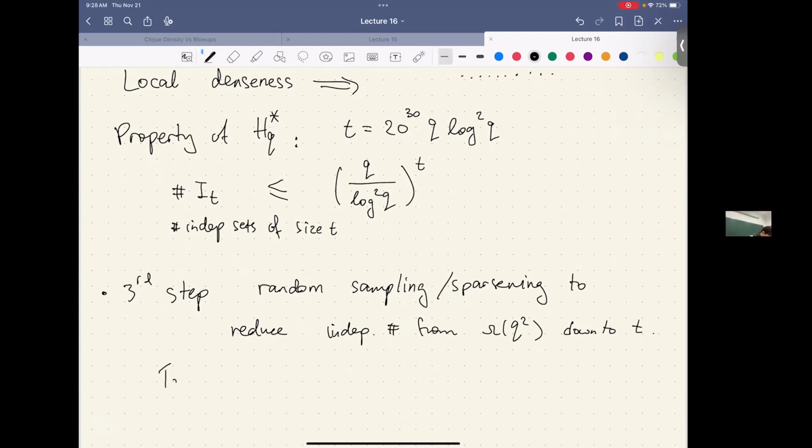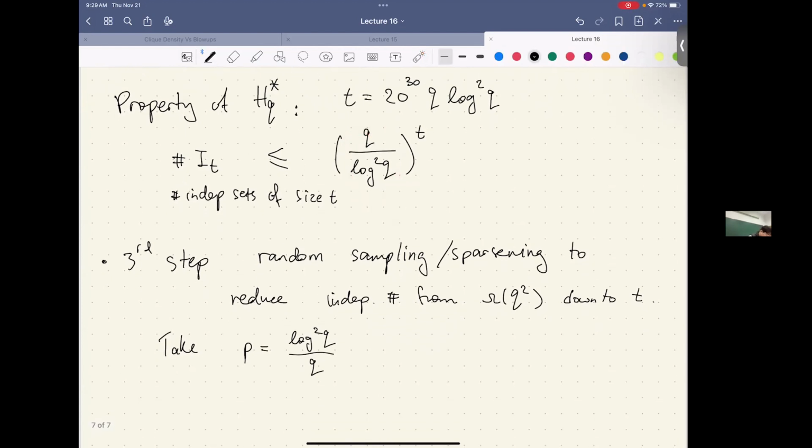You take probability P equal to, what is P? Log squared Q over Q, exactly the reciprocal of that.